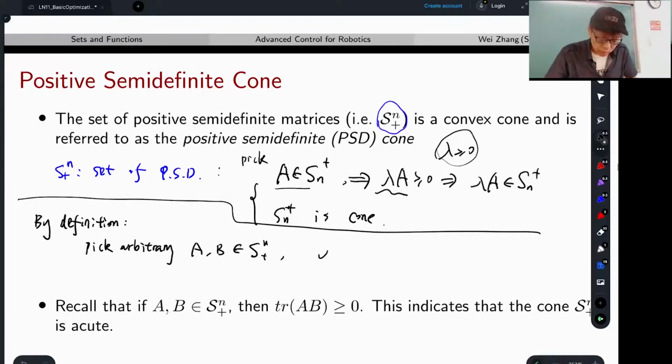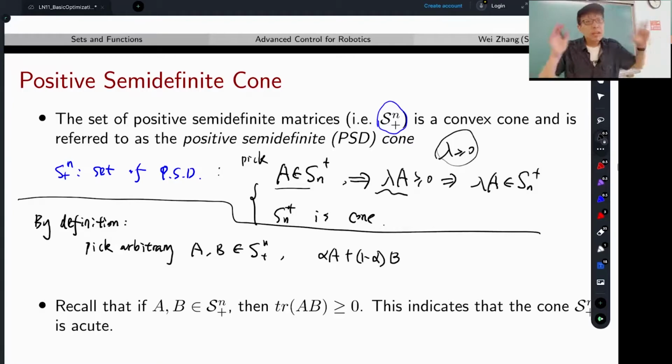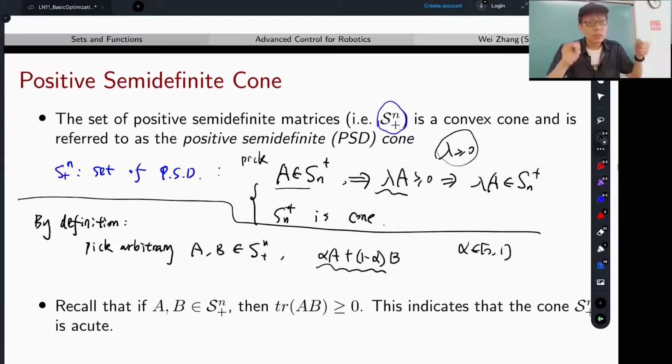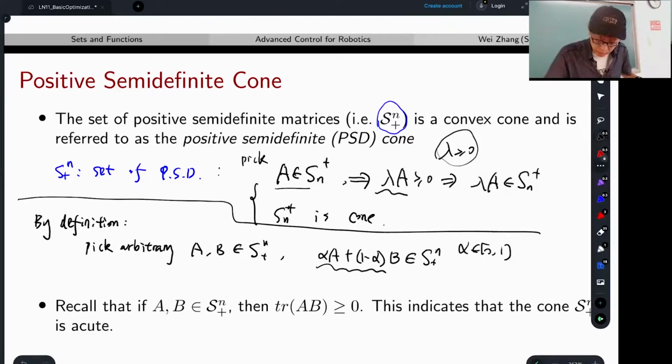I need to show that for scalar alpha, alpha A plus 1 minus alpha B, for any alpha between 0 and 1, stays in the set. The line segment needs to stay in the set.